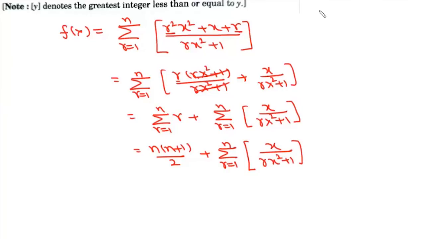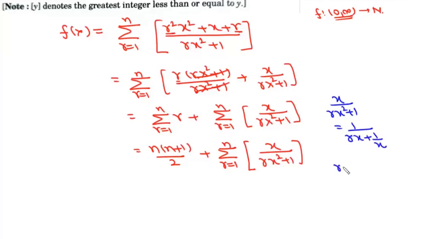Now this function is defined from 0 to infinity, that means the value of x is positive. So what we'll do is we'll write x upon r x square plus 1 as 1 upon (r x plus 1 by x).